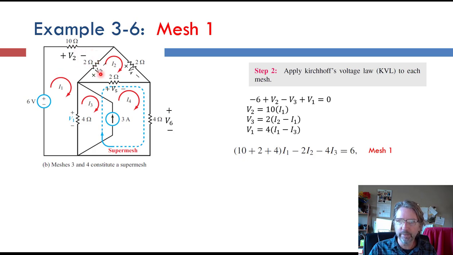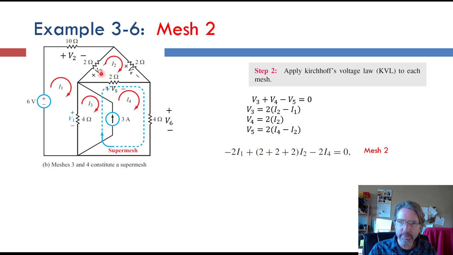So V3 is 2 ohms times I2 minus I1. That's the equation over here. V1, we've got I1 going from plus to minus and I3 going from minus to plus. So 4 ohms times I1 minus I3. Combine the voltages into the Kirchhoff's voltage law, and we get this equation here.